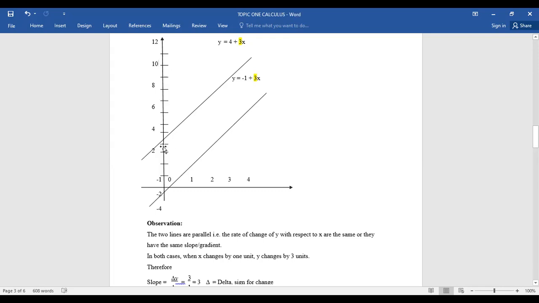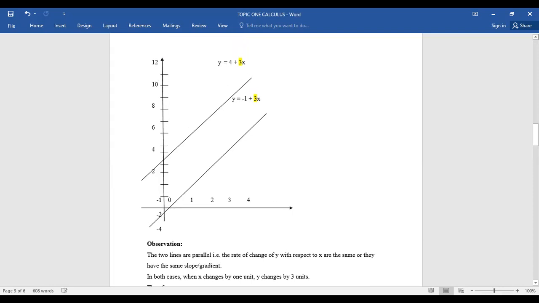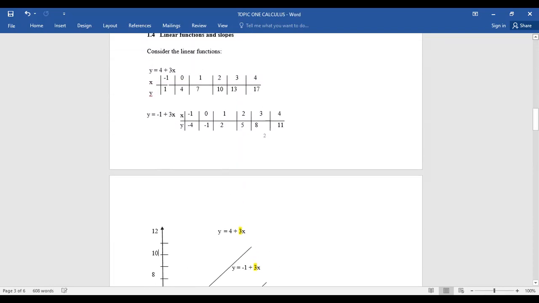So let's say I pick two points here. For example, let's say I pick point 3. So when x is 3, my y is 13. If I pick another point, let's say 0, when my x is 0, my y is 4. So if I were to get the change, 13 minus 4 is equal to 9, and 3 minus 0 is equal to 3.